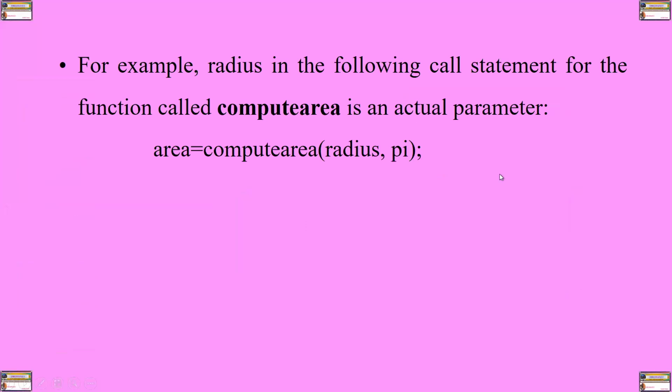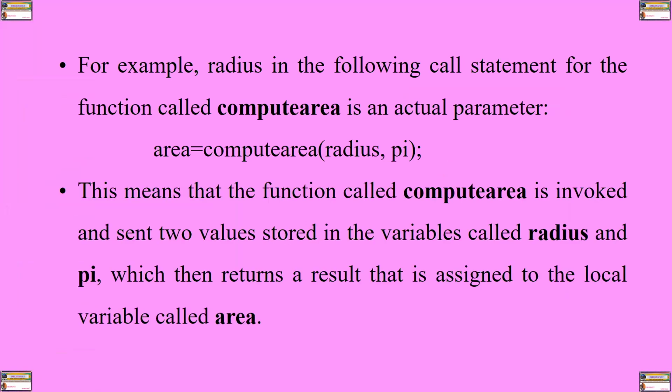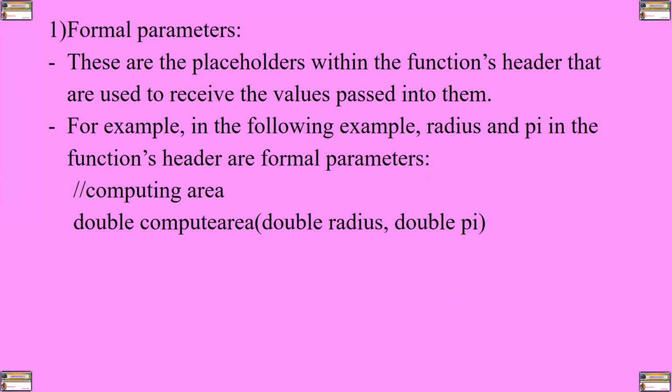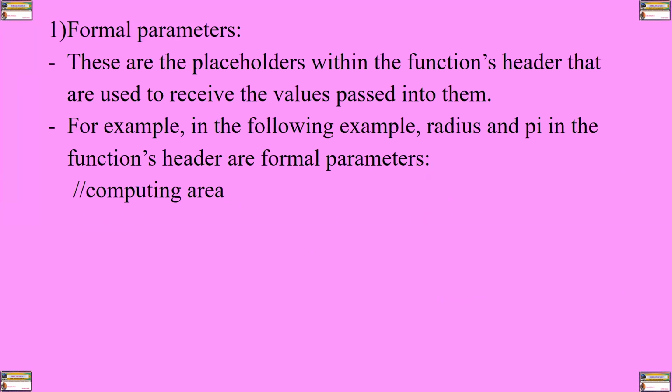So if you look carefully at this statement here, which is area equals compute area, then you enclose radius and pi in parentheses, it simply means that radius and pi are the actual parameters. I have scrolled back so that you can have a look.